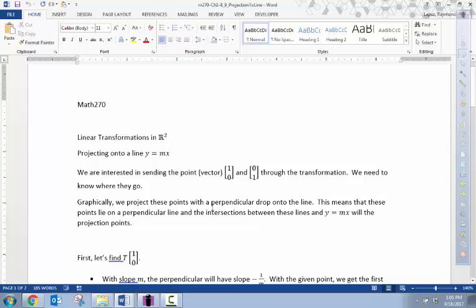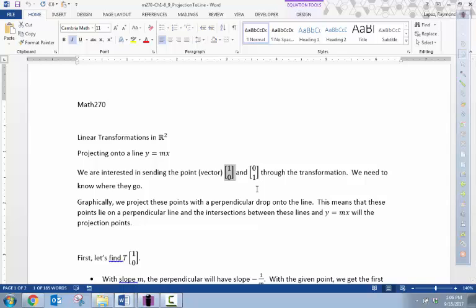So graphically, what this does is that it collapses down to a line, and we saw that we have to find perpendicular lines and find their intersection. And if we know what happens to the standard basis vectors, which are 1, 0 and 0, 1, those are the two standard basis vectors in R2, then we can figure out what happens to the vectors themselves.